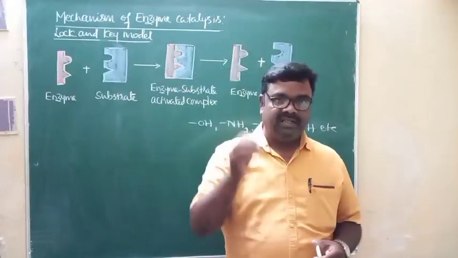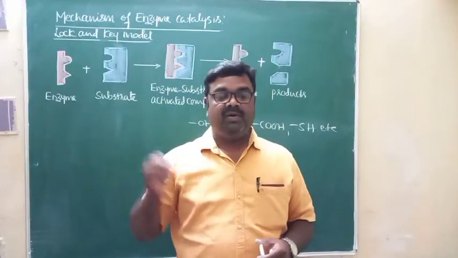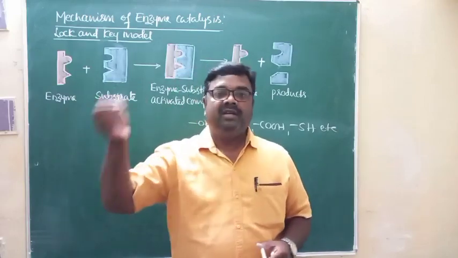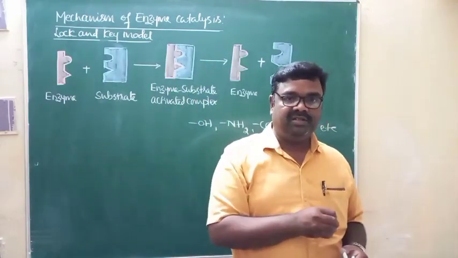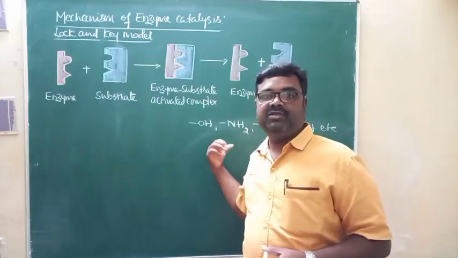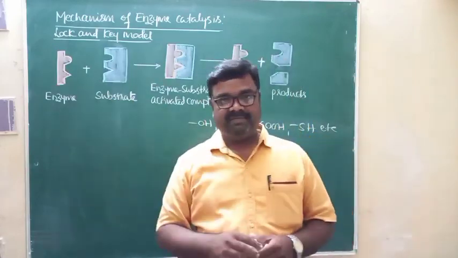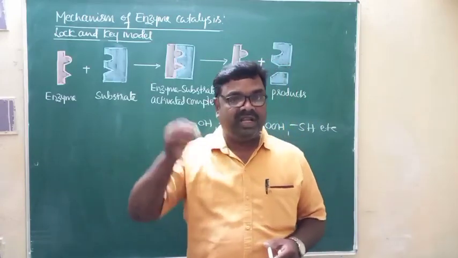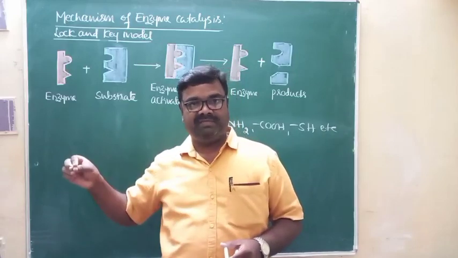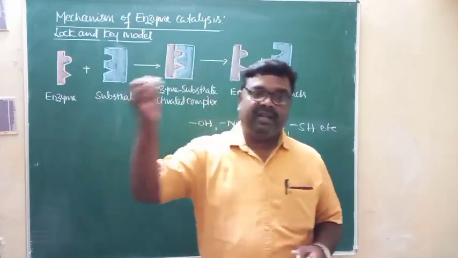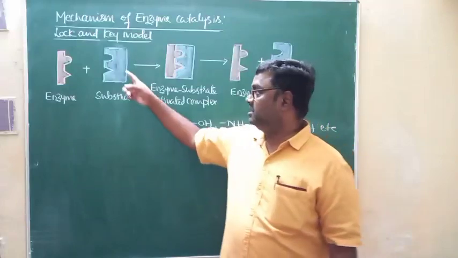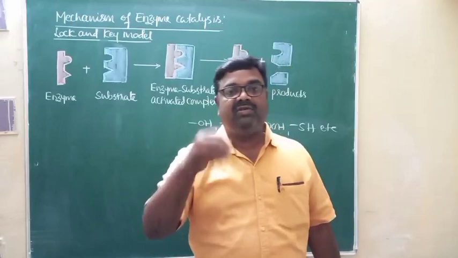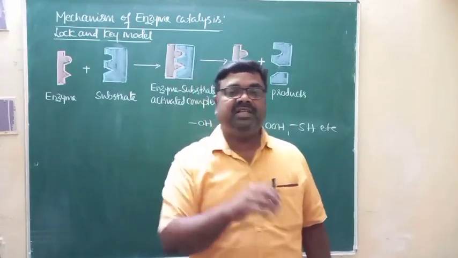During enzyme catalysis, the reacting molecule known as substrate with complementary shape fits into the cavities of the enzyme to form an enzyme substrate activated complex due to its reaction with active functional groups in the cavities of the enzyme.